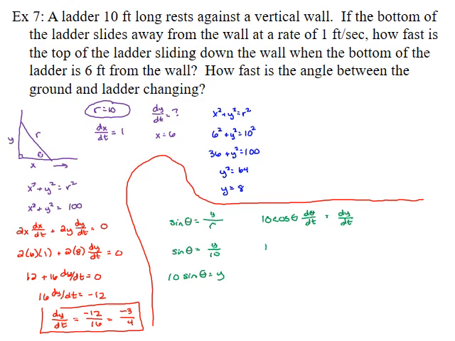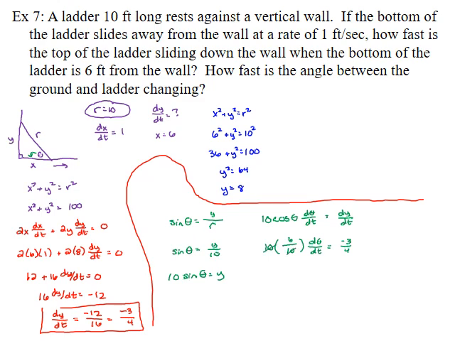So in this case, we would say that 10 multiplied by cosine, which is your adjacent over your hypotenuse. The adjacent of theta is x, which we know is 6, and the hypotenuse is r, which we know is 10. We don't know d theta/dt, and we just actually found dy/dt to be negative 3/4.